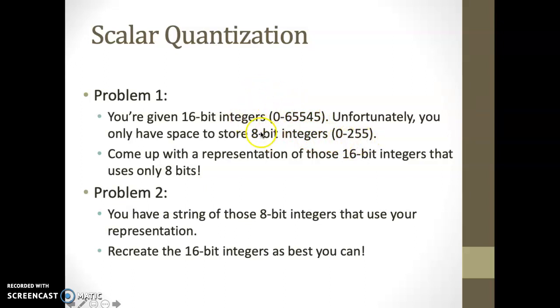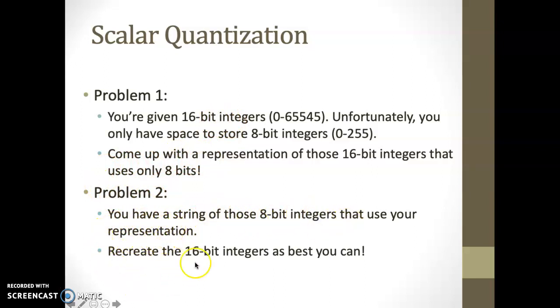So how will it be done? It can be done with scalar quantization. Come up with a representation of those 16-bit integers that uses only 8 bits. So how can it be done? Problem 2: you have a string of those 8-bit integers that use your representation.